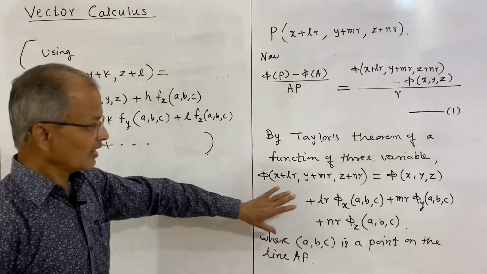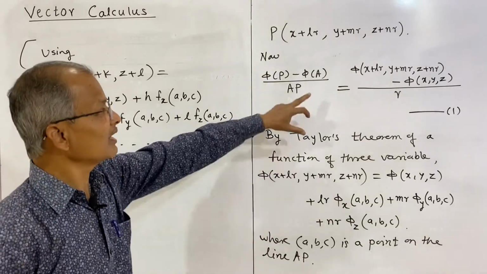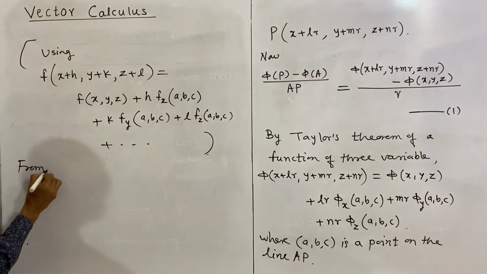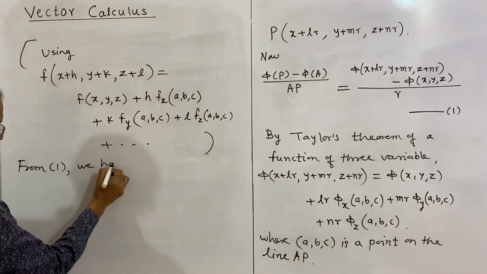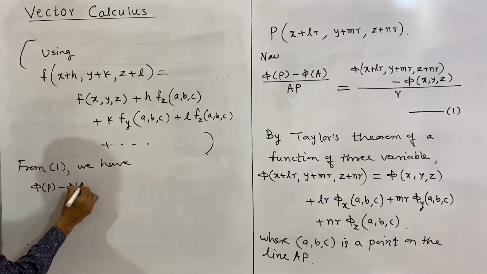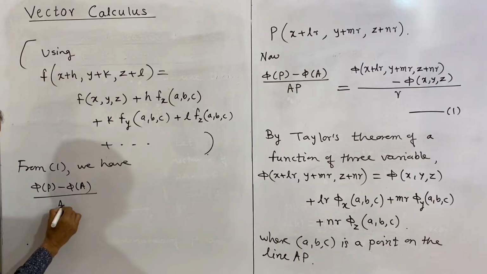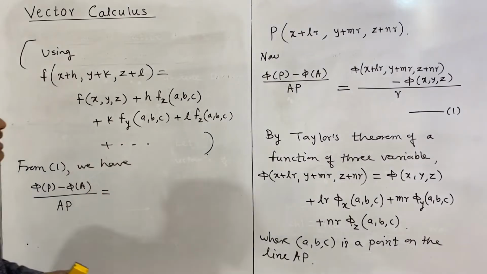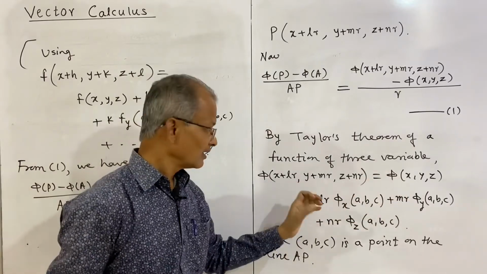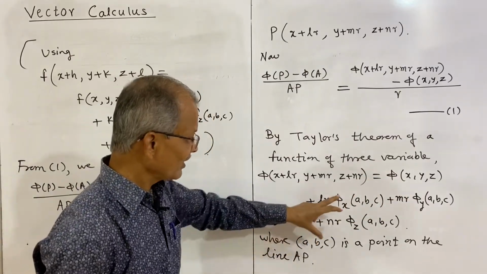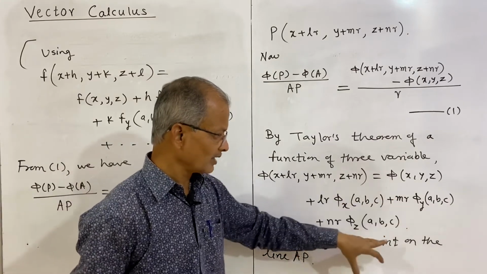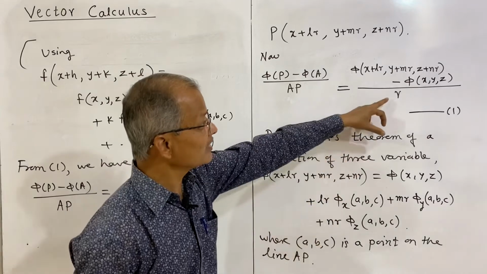Now with the help of this expansion we rewrite equation 1. So from 1 we have phi P minus phi A divided by AP, and this is equal to the difference of these two. Shift this term to this side, and the difference will be this l r into phi x, m r, etc. This will remain, and again that is divided by r.